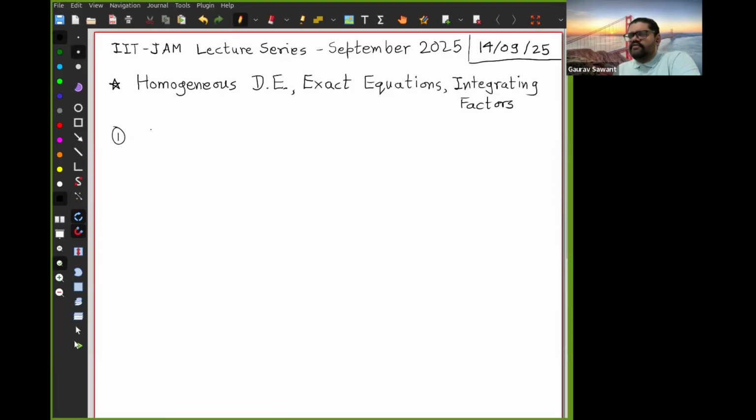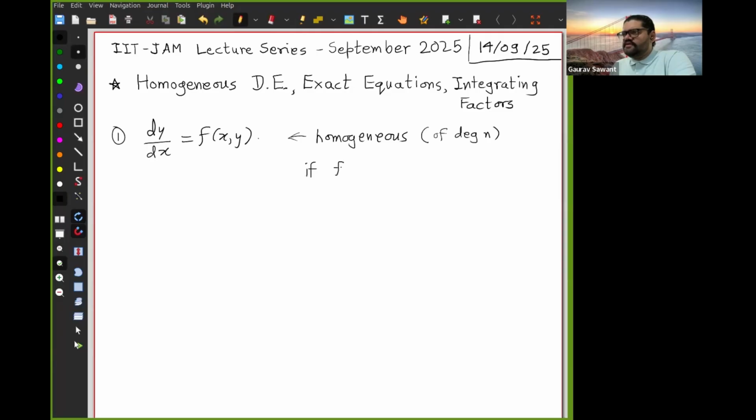recall that we had our first order ordinary differential equation as dy by dx equal to f(x, y), right? So it is called homogeneous of degree n if the function f satisfies the following scaling property: f(tx, ty) equal to t to the power n f(x, y).